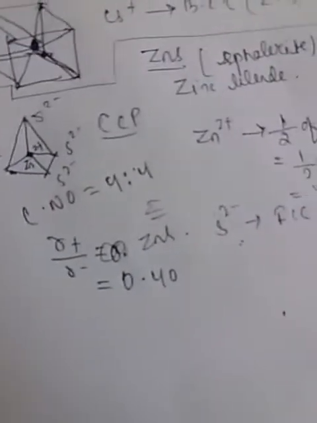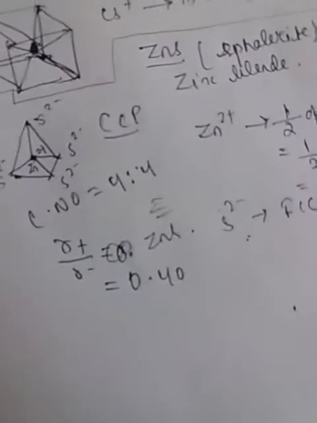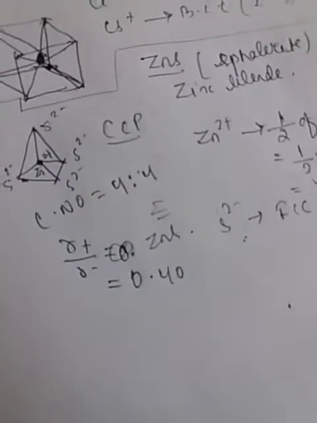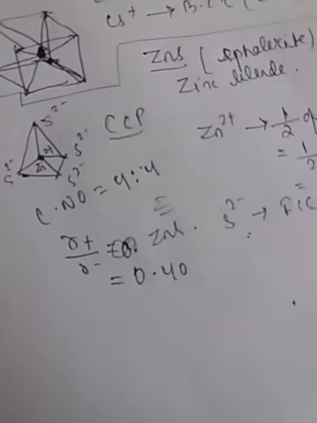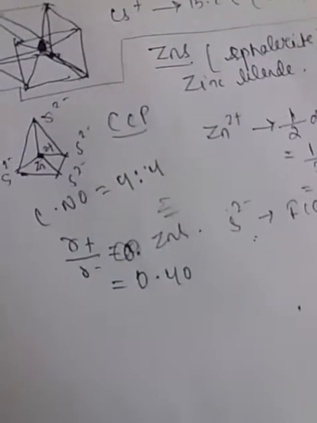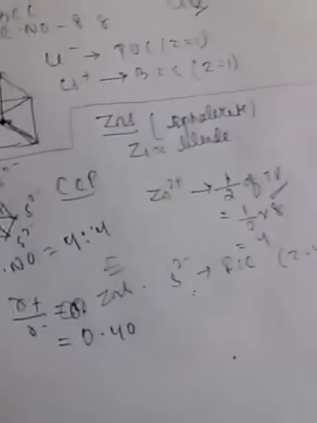So from 0.40 you can well guess which type it will be. 0.40 means it's less than 0.414, so the range is 0.225 to 0.414.